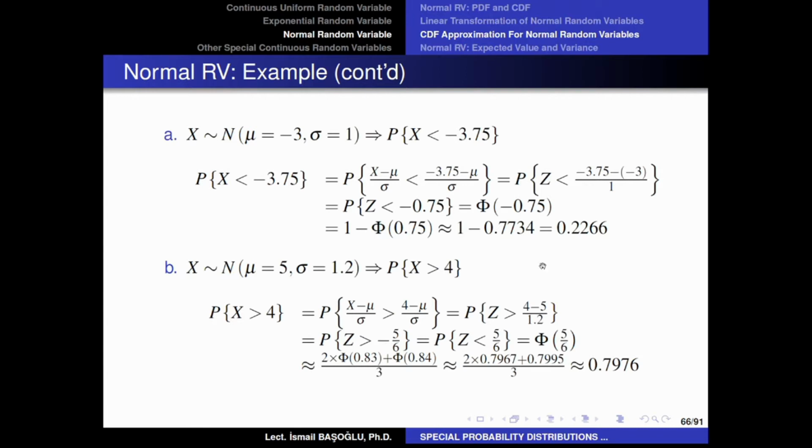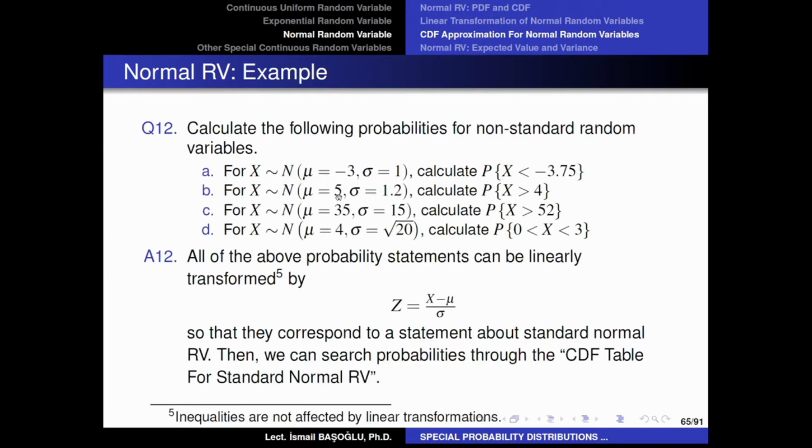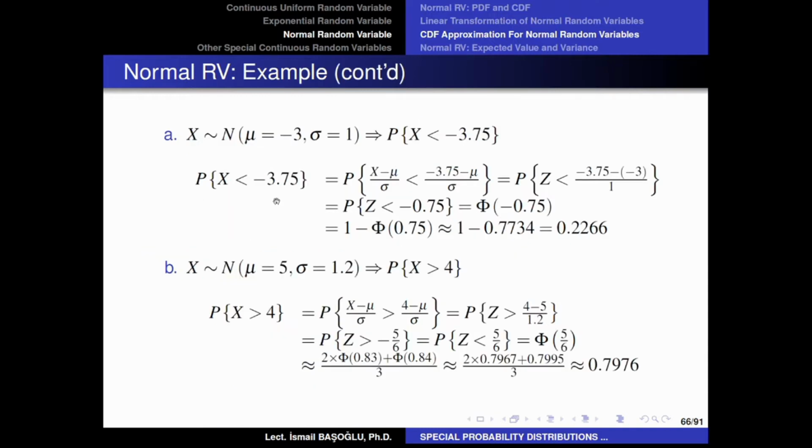So let's solve another one. We have a normal random variable with location parameter 5 and scale parameter equal to 1.2. Calculate the probability of X being greater than 4. So let's do that. First, we start by standardizing this inequality because we can only calculate the probabilities on standard normal random variables. How do you standardize it?